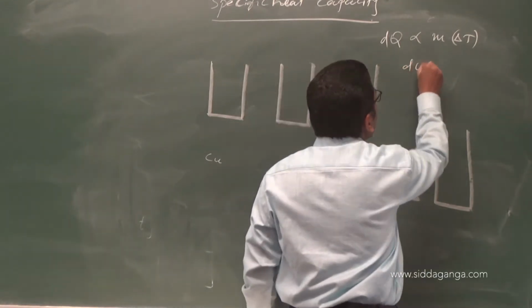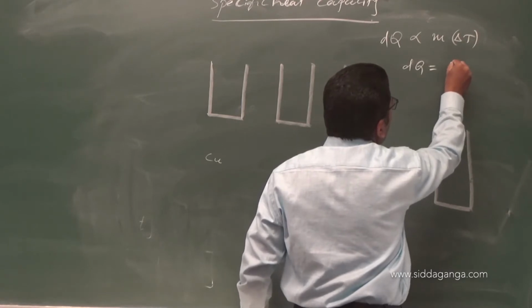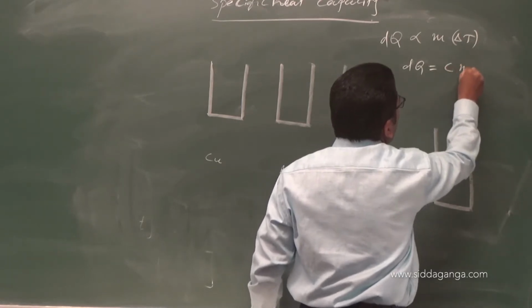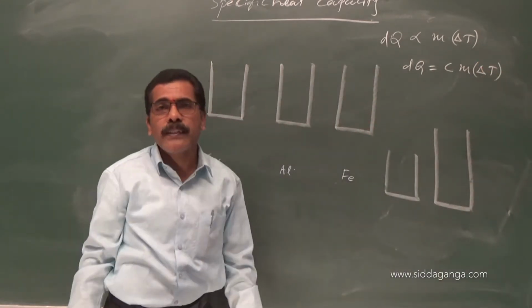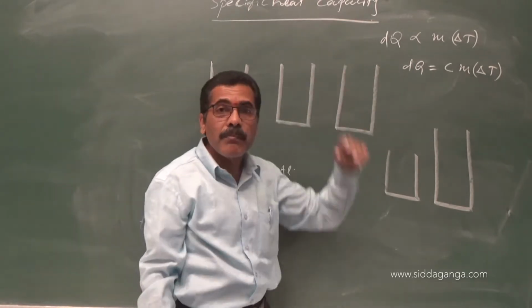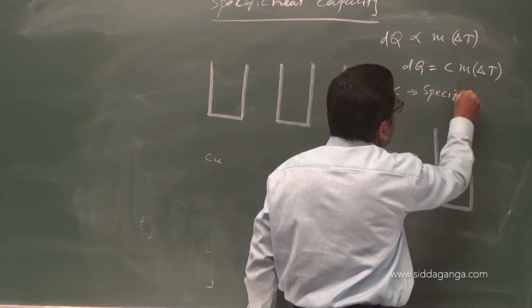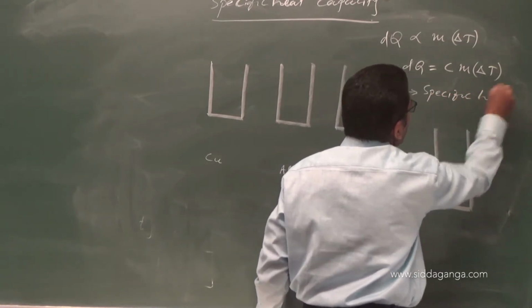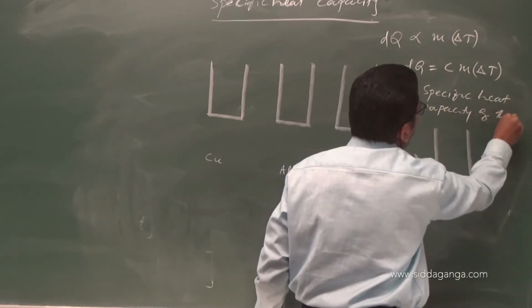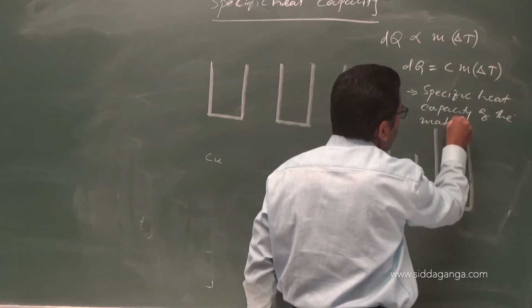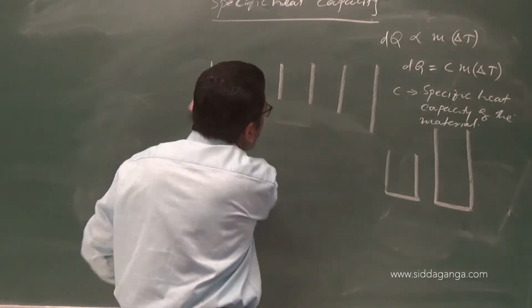Or dQ is equal to some constant, I take this constant as C, so dQ = C m dT, where C is called specific heat capacity of the material.